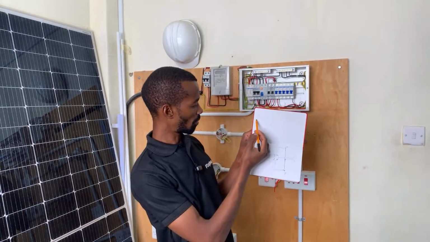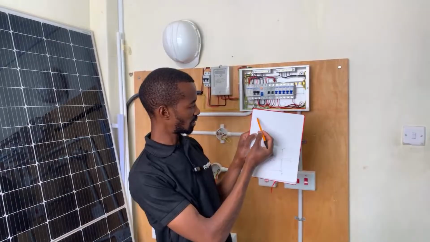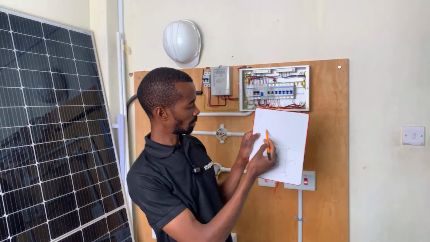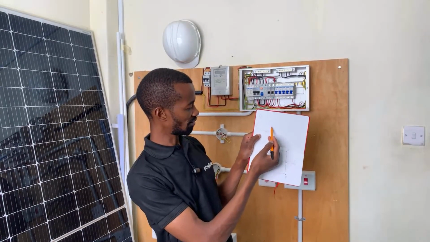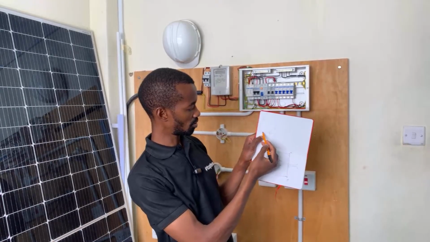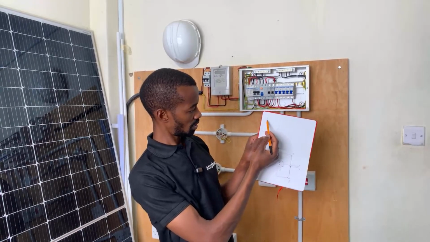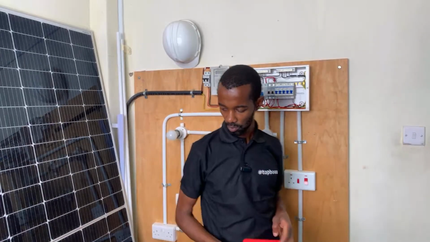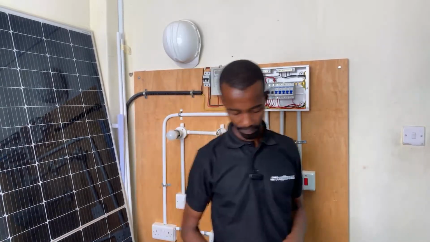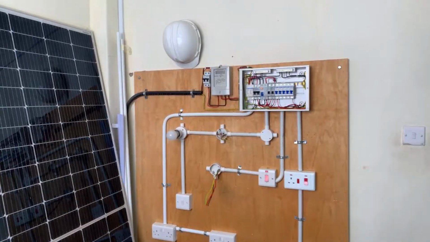So you find that power flows through this side, and in case there's a problem here, this socket is not affected in any way. Power will continue to flow to it from this other side.